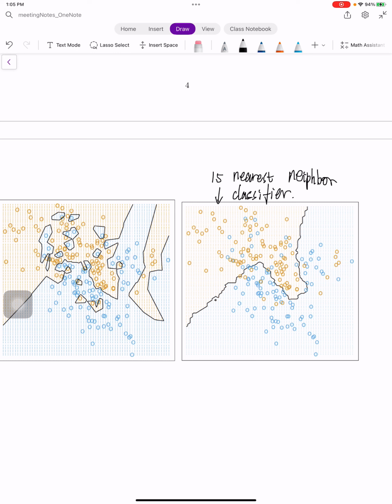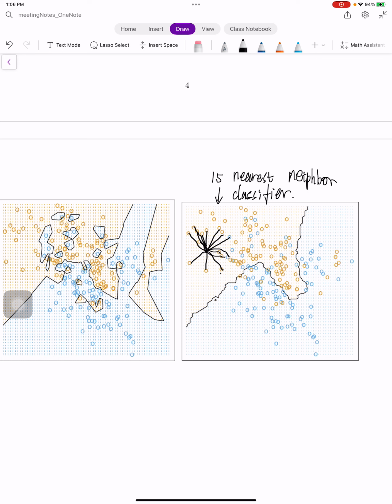Okay, what does that mean? This means for each data point, for example, a data point on a grid point here, we find all the distances between this new point and each point in our data set. For example, this is one, this is one, and then we find the 15 closest ones. 1, 2, 3, 4, 5, 6, 7, 8, probably this one is 9, 10, 11, 12, maybe 13, 14, 15.